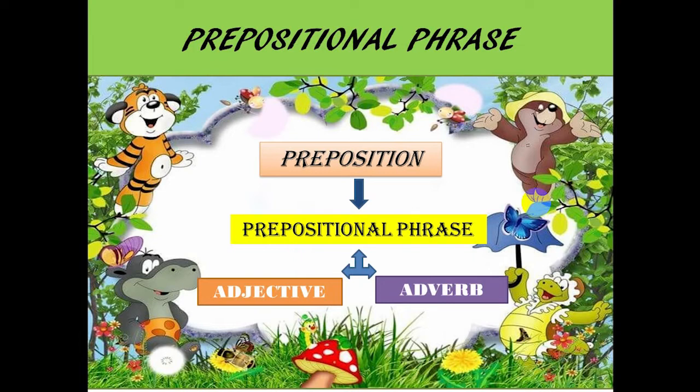Now, we talk about prepositional phrase as an adverb. What is a prepositional phrase as an adverb? It usually modifies verbs, adjectives or adverbs. It usually answers the questions how, when, where, etc. That is prepositional phrase as an adverb.